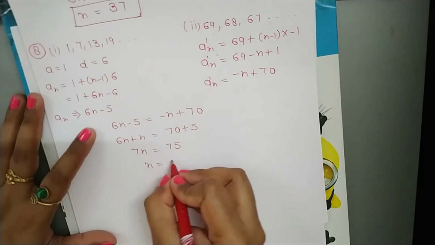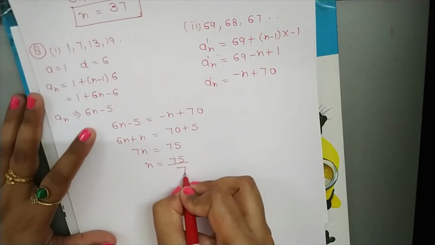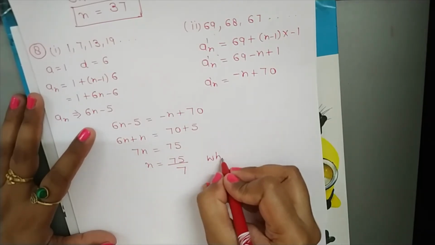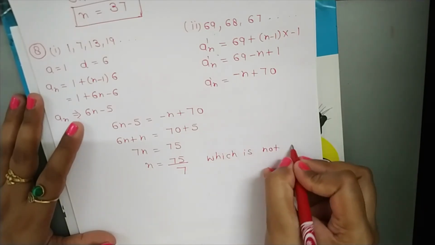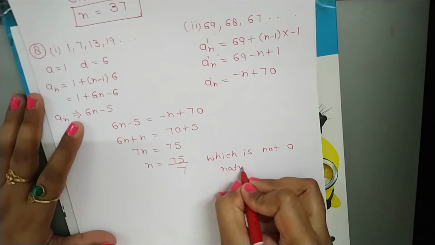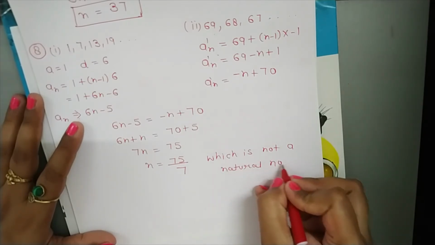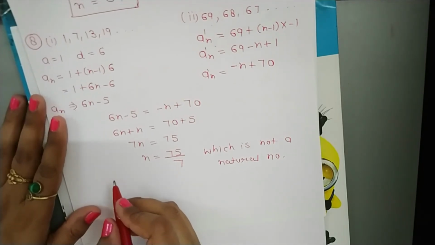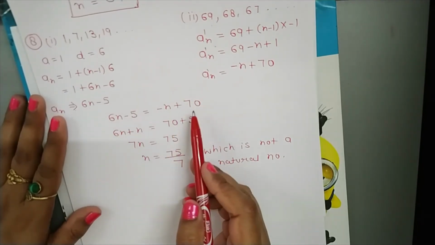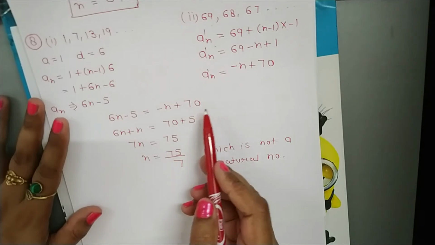So n is equal to 75 upon 7, which is not a natural number. So we can say that there is no value of n for which the two APs will have identical terms.